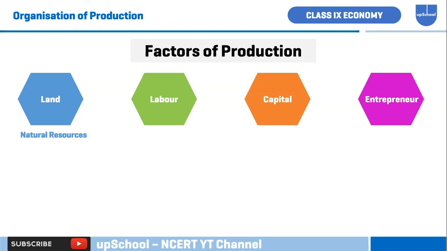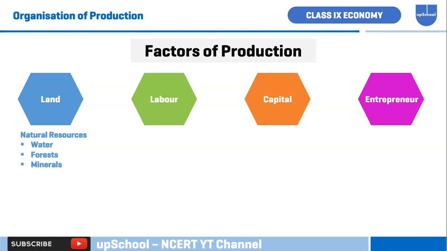So land literally means land, but also involves the natural resources required for production to take place, and that is water, forests, minerals, and other natural resources. So land is just the place where production takes place, but it can also relate to the other natural resources that are involved in production.